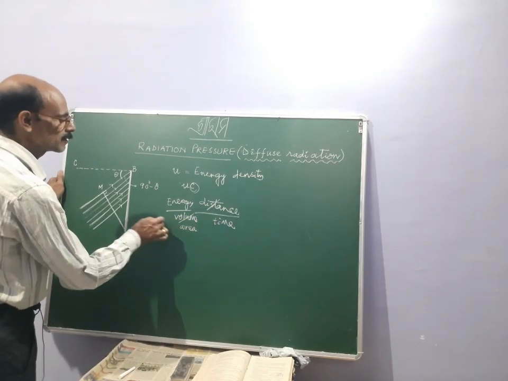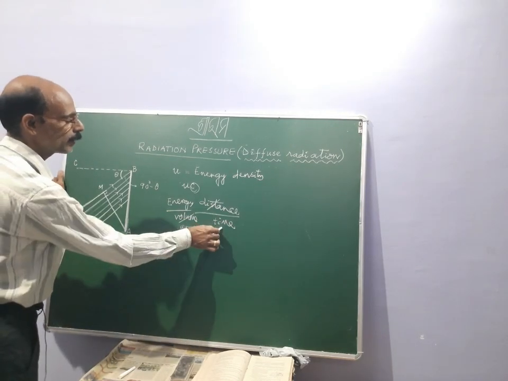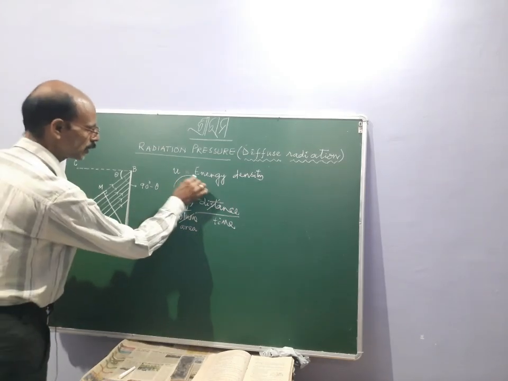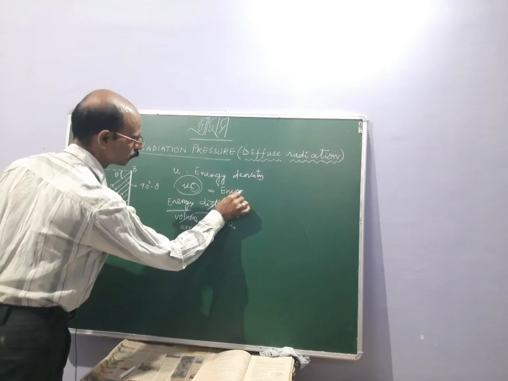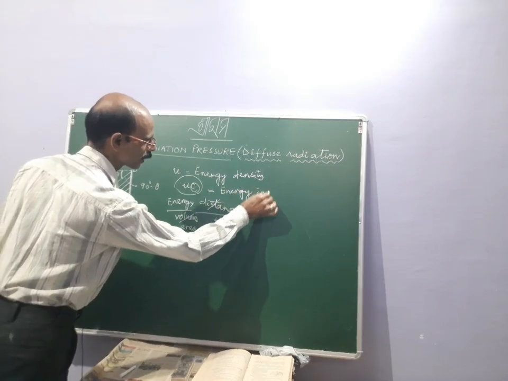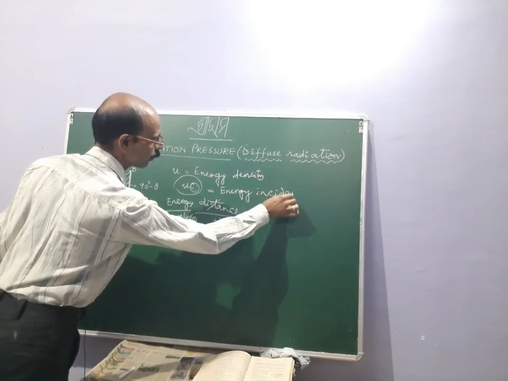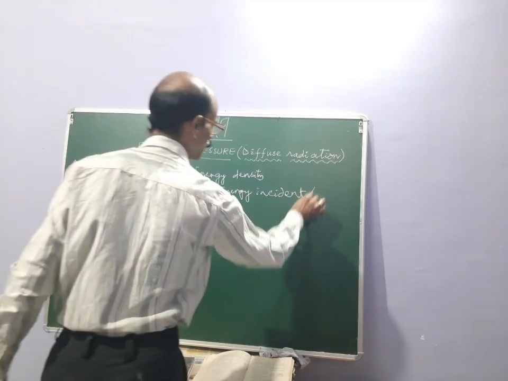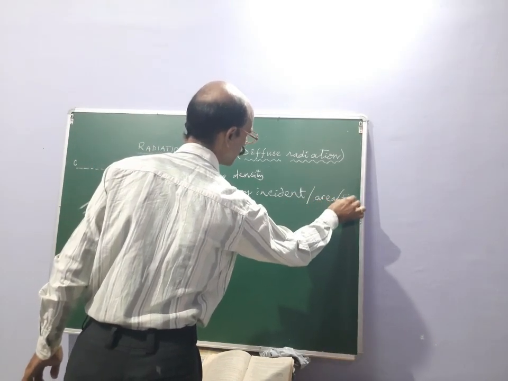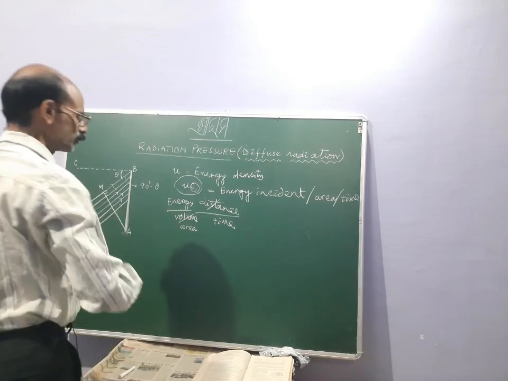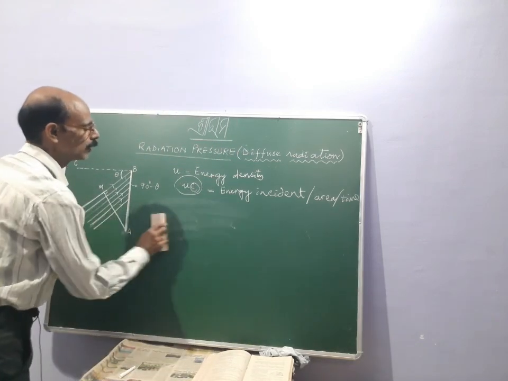So this distance cancels. So energy per unit area per unit time. This UC gives us energy incident per unit area per unit time.